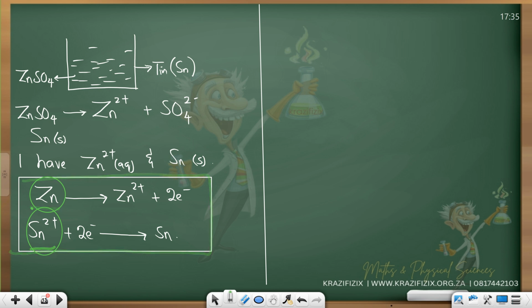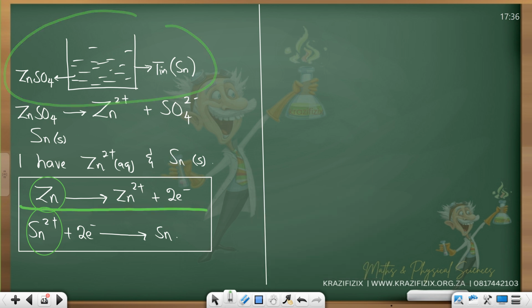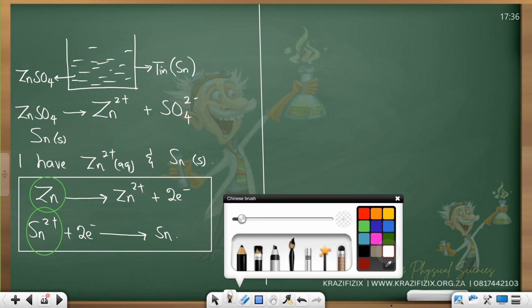I am expecting that the zinc solid will become zinc aqueous, but I do not have zinc solid. So this reaction will not occur. Okay, I want you to hear now.